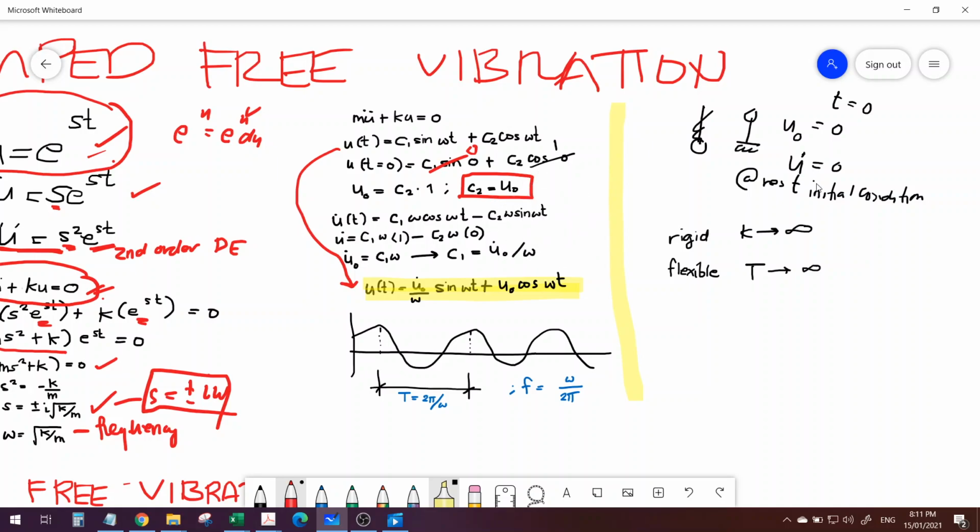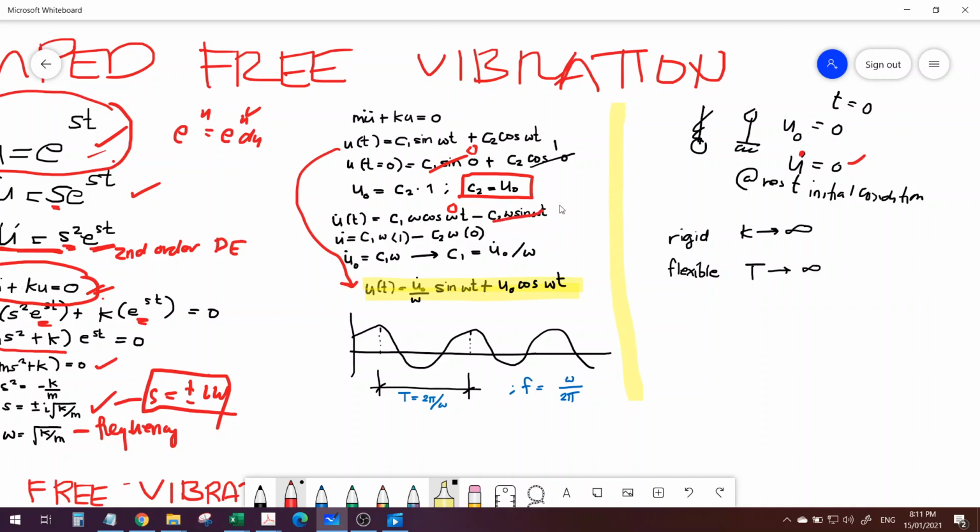Then, with the initial condition that u dot, or initial velocity, is 0, plug in at time 0. u dot is equal to C1 times omega cosine omega t. Time is 0, so this will be cosine 0, which is 1. The sine 0 term is crossed out because it is 0.